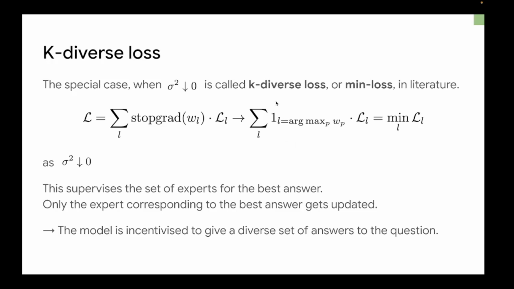And combined with the summation here, you can write it down as loss of L, where L is the argmax of WP. And actually, argmax of WP is exactly when the loss is minimal. So the loss value in this case is exactly min loss over the expert. So you're just training the minimum, right?